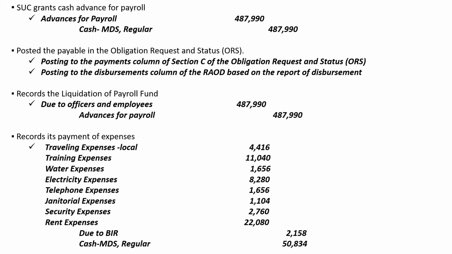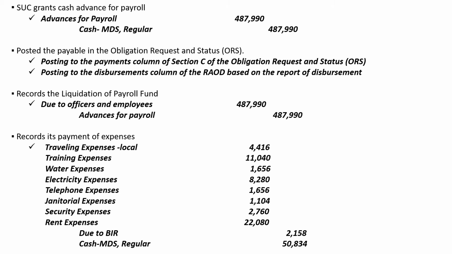Next transaction, SUC grants cash advance for payroll. So the advances for payroll will be debited 487,990, and we credit cash MDS regular 487,990. This is actually the disbursement now for payroll. We are paying, so we are crediting cash.